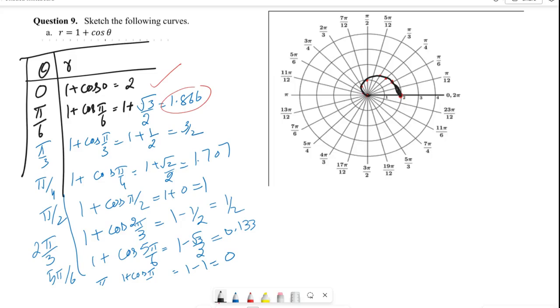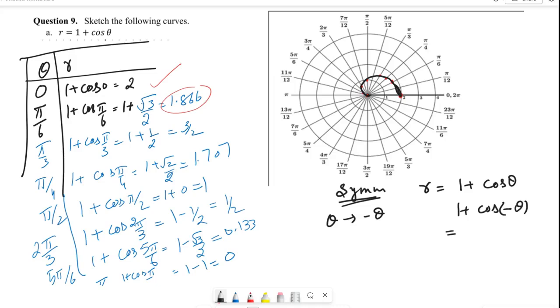Why? I'm going to show you here to check symmetry. For symmetry, if I have a polar curve and I change theta to negative theta, let's try that. 1 plus cosine, in place of theta, I write negative theta. Cosine is an even function, so cosine negative theta is same as cosine theta.